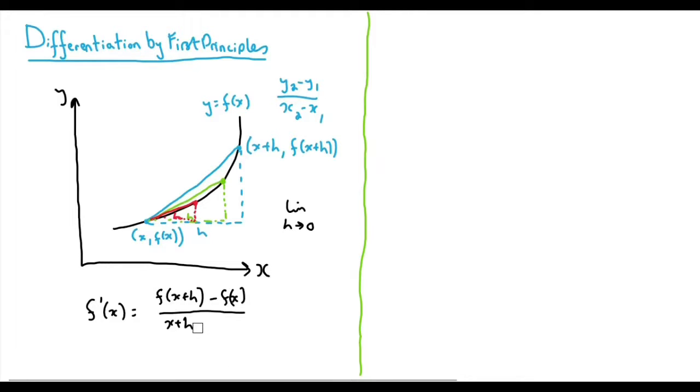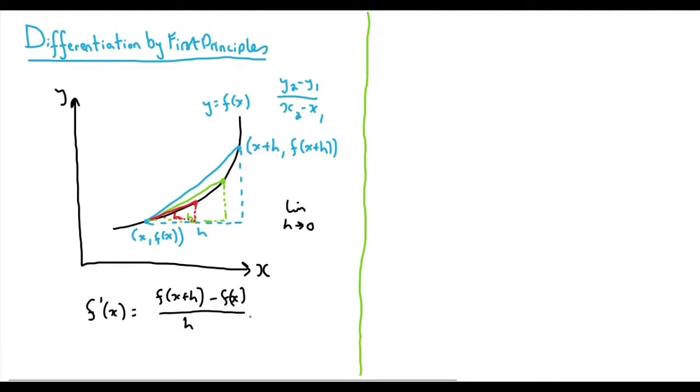They're going to cancel with each other, regardless of what x is, leaving us with just h on the bottom. Therefore, the formula we are going to use when working out our differential by first principles is f(x plus h), where h is just some generic value, minus the regular f(x), all over h, and then in this h is limiting towards 0.